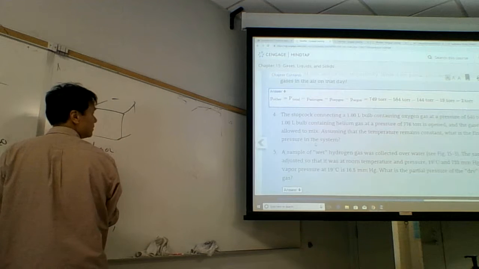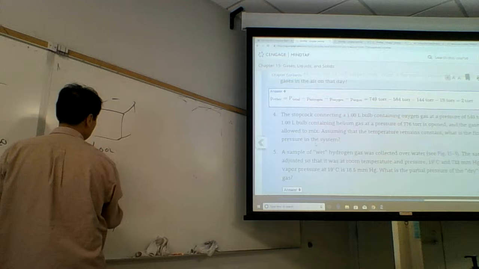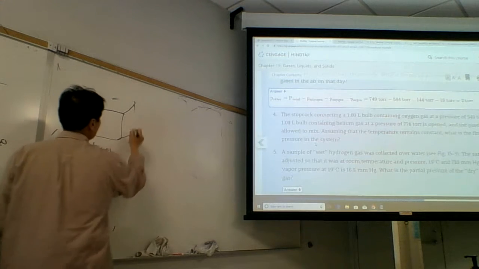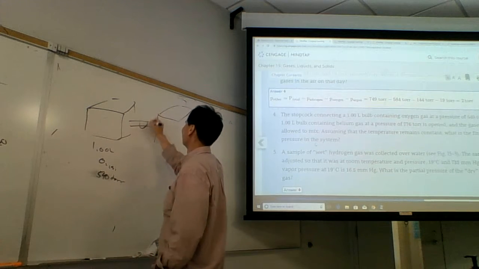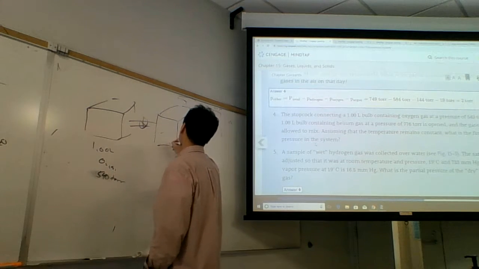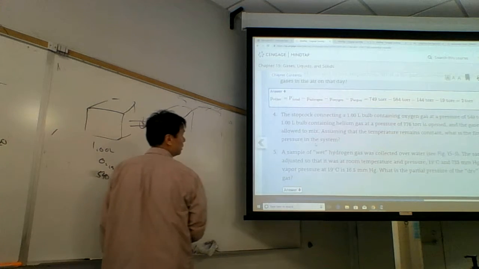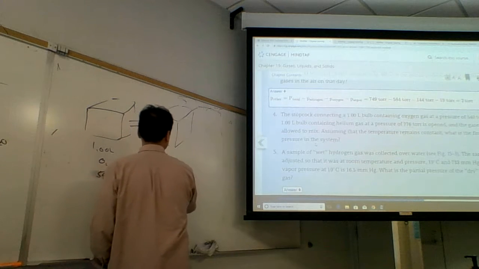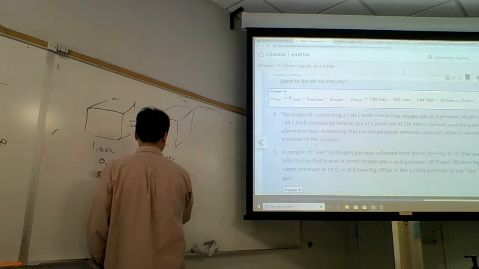Pressure is 540 torr. And this is connected to another box. There's a valve here. And this is going to be 1.00 liters of helium gas at 776 torr.